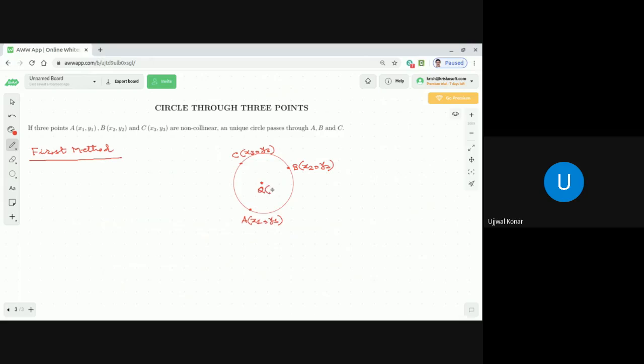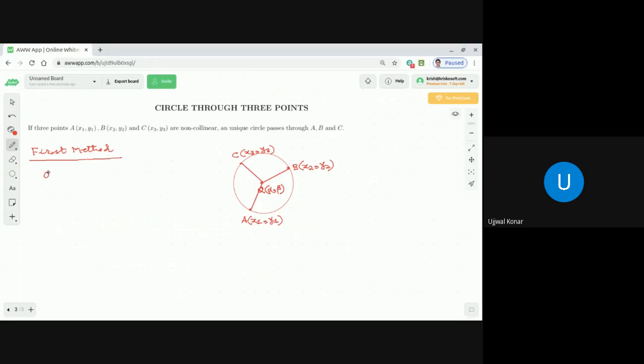Let's take Q as the center of the circle with coordinates alpha comma beta. Then we can say that QA, QB, and QC all are the same, correct or not? So what is the value of QA?